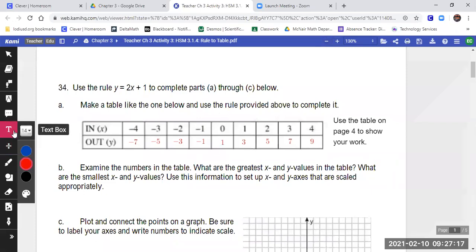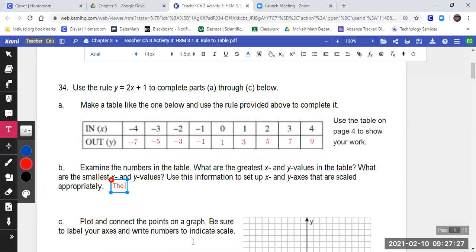Okay, so we're doing a text box because we're responding to something in writing. Okay, what is the greatest X value in the table? What's the biggest X on our table? 4.